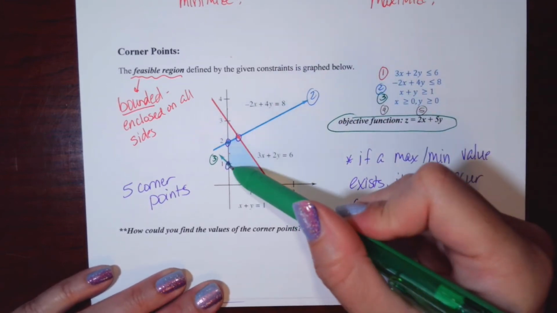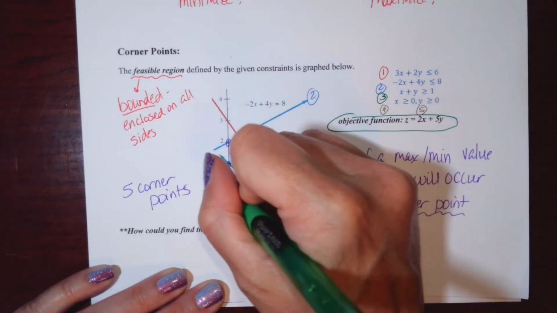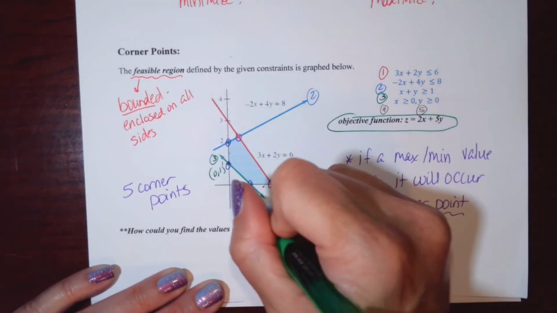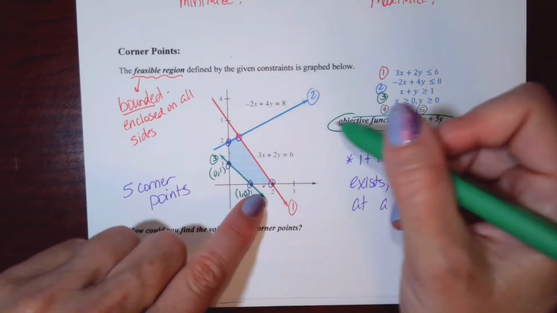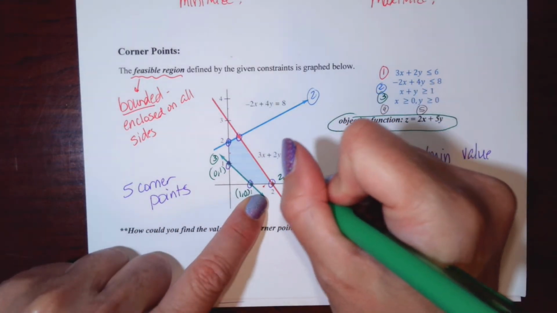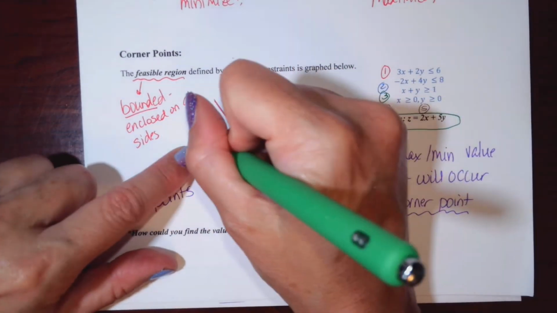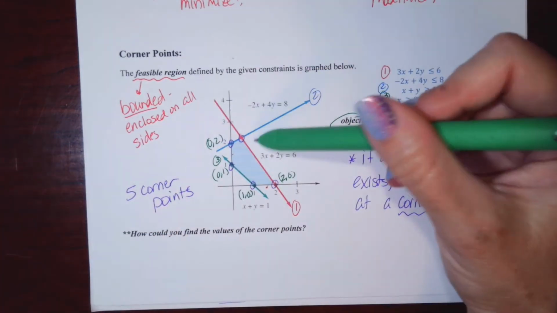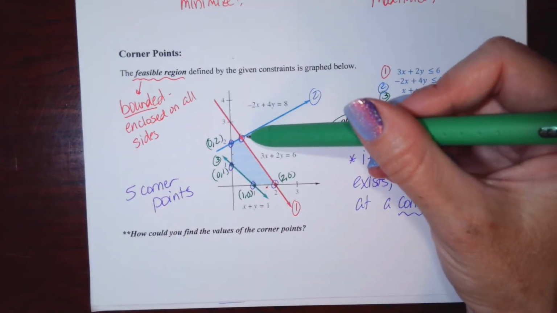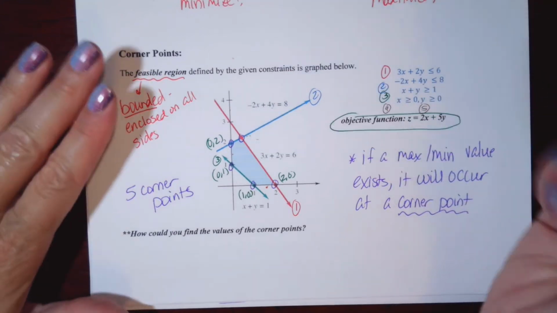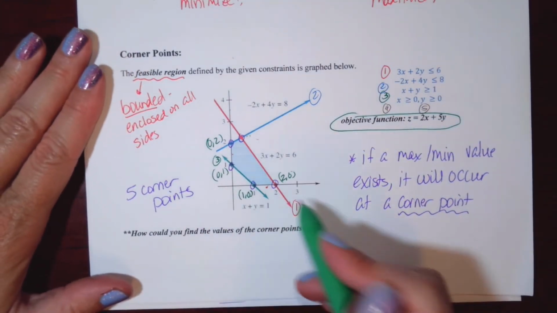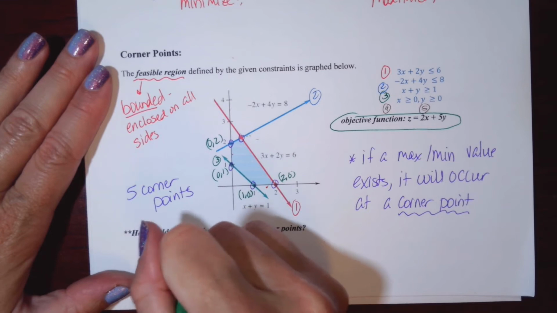Right here, this is on my axis, so the coordinates here are going to be 0, 1, and here I've got 1, 0. This is also on an axis, so this is going to be 2, 0, and this is going to be 0, 2. But how do I find, for example, the coordinates of this corner point? Well, all of these corner point coordinates are points of intersection.